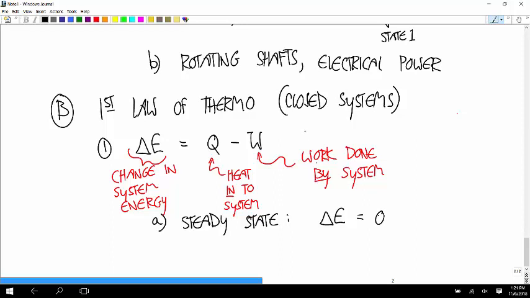Related to that, if you're talking about an integer number of cycles, the system doesn't have to be steady all the time, but if the period you're investigating is a cycle, meaning it starts and ends in the same state, then you also have that the change in E is equal to 0.